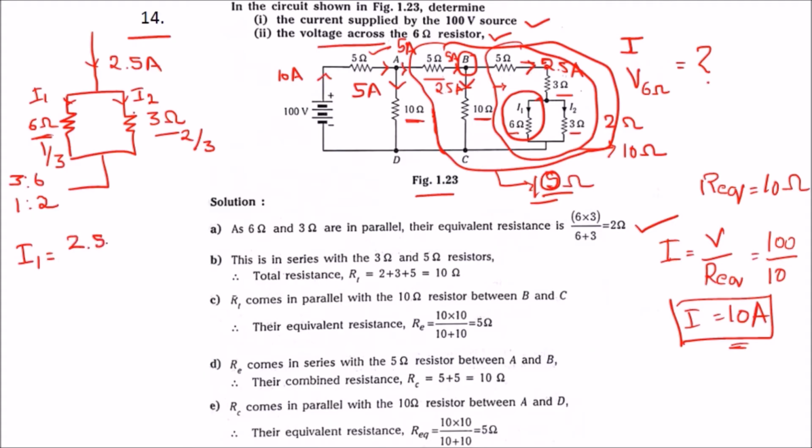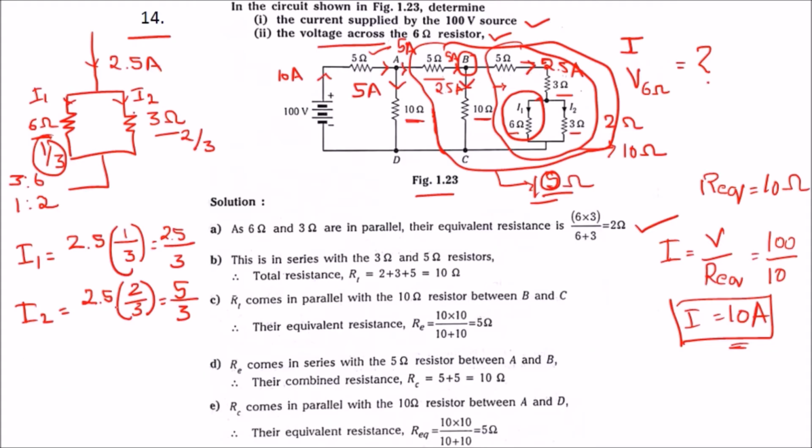So we are calculating across 6 ohms, that is the ratio is 1/3. So 1 divided by 3, and again current I2 is equal to 2.5 divided by 3, being 5/3. So we should find the voltage across the 6 ohm resistance.